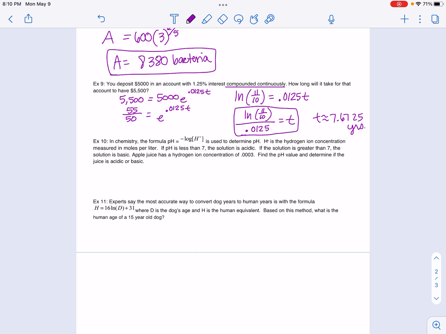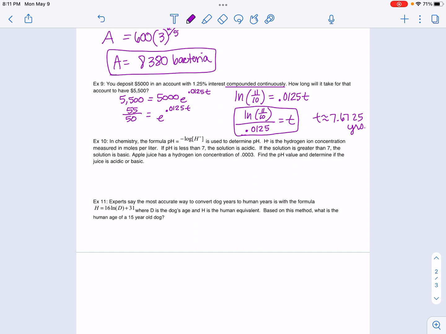Some things that involve log or natural log are the Richter scale, which measures earthquakes, and also the decibel. To get the decibel, how loud something is, it also uses a log. If you haven't already talked about it in chemistry, the pH formula, which tells you whether something is acidic or basic, does involve a log.